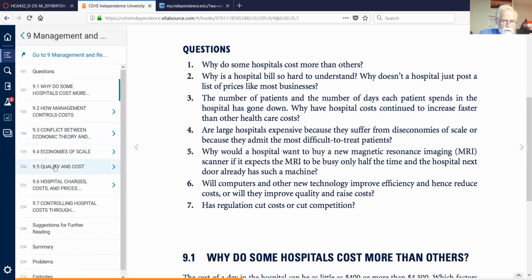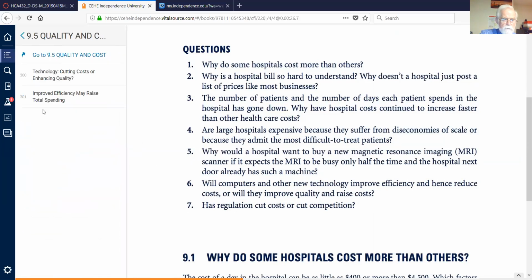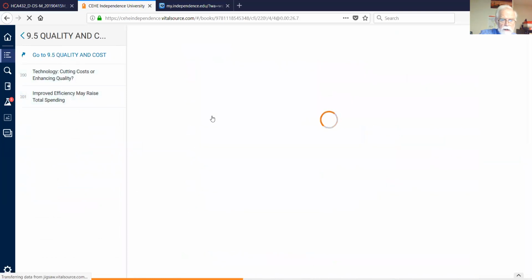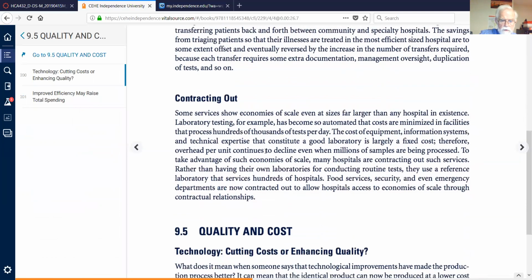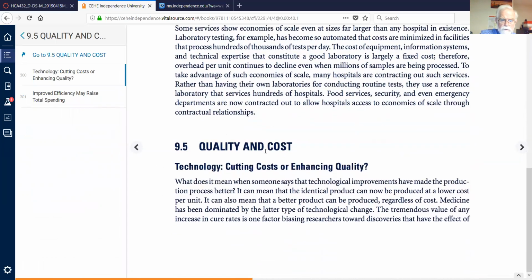So let's take a look at quality and cost briefly. Some of the services get contracted out. Technology has allowed us to deliver better medical care and to do certain things.